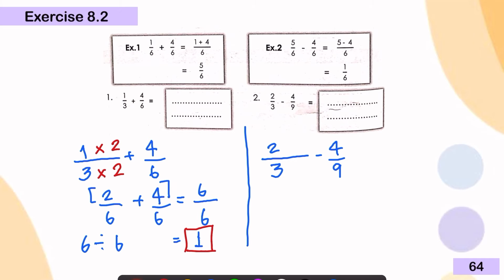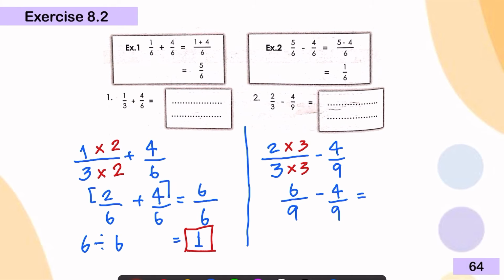So I multiply 3 by 3 to get 9. And if I multiply 3 by 3, I need to multiply 2 by the same number. Okay, so from 2 over 3, now we get 6 over 9 minus 4 over 9.